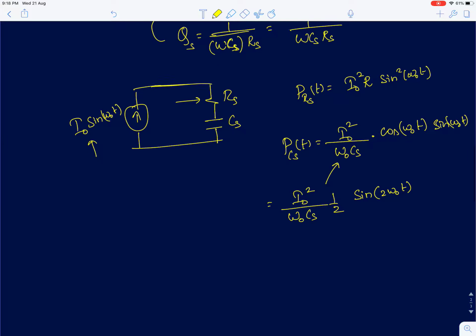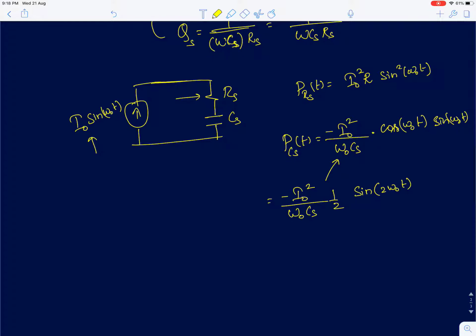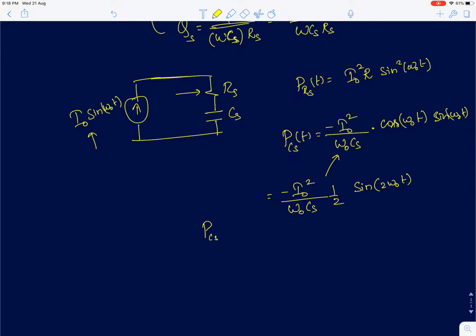I think there is a minus sign here, because the integral of sine is minus cos. So you get this result here, and similarly I can calculate the peak to peak power dissipated across the resistor. Again, you can see the power dissipated across the capacitor in a single cycle is 0. In one cycle it will deliver power, in the other cycle it will absorb power.